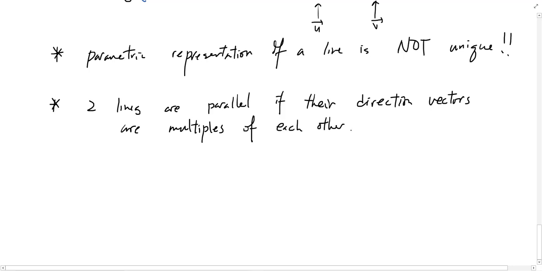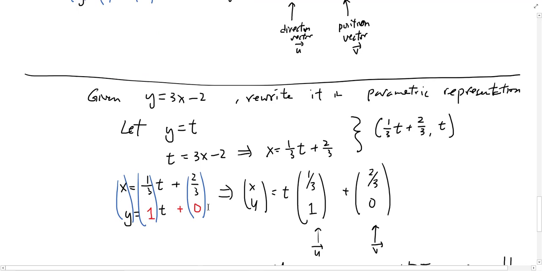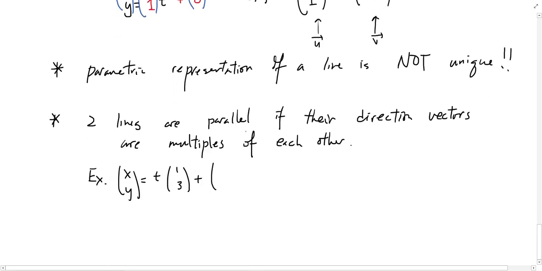If the direction vectors are multiples of each other, then the two lines must be parallel. So in our case, we have these two parametric representations. I forgot, (0, -2). And this parametric representation.